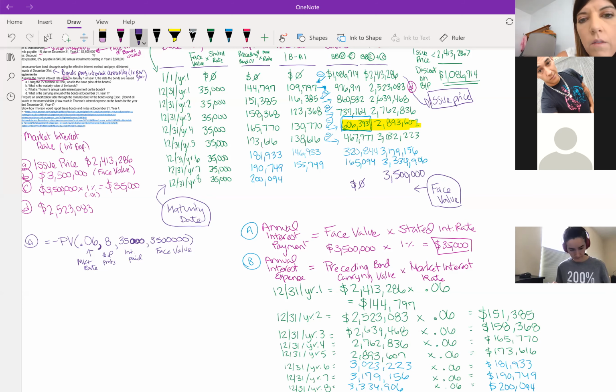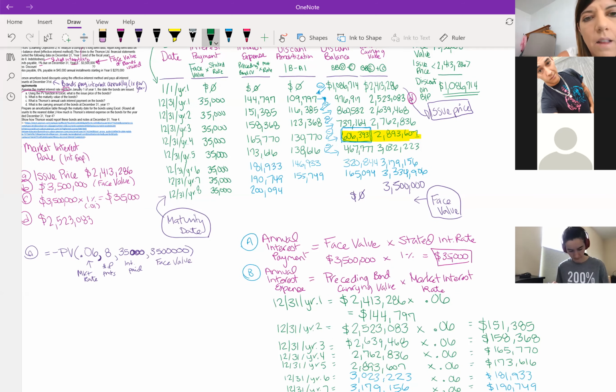The amount of amortization that we take in that final year is the difference between the 200,094 and 35,000. So it's the highest amount, 165,094, exactly equal to what our discount balance equaled in the year before.